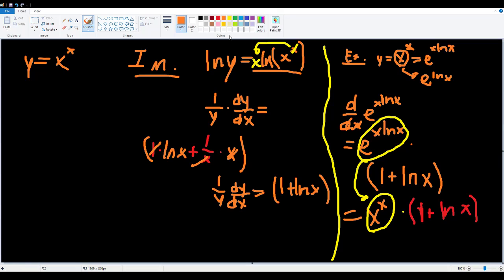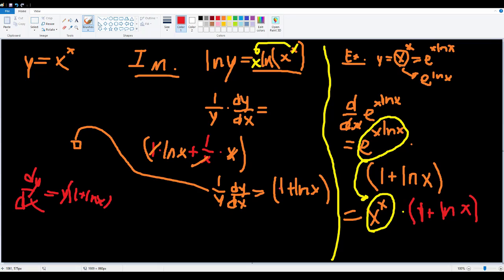Now the last step is going to be to multiply through, so we're running out of space here, so I'll just do that. And sorry if this is getting a little bit unclear. Dy dx equals y, whoops, 1 plus ln x.